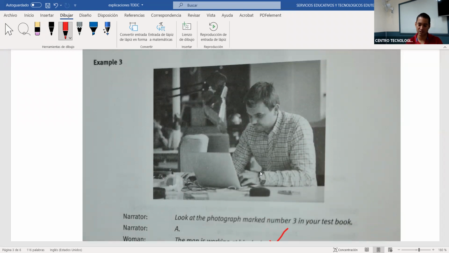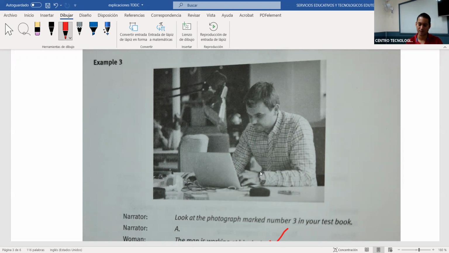Okay, I can change it and I can give you more information. Like the man is working at his desk. The man is sending an email. The man is using his computer. Out of those three descriptions, which is the best one?